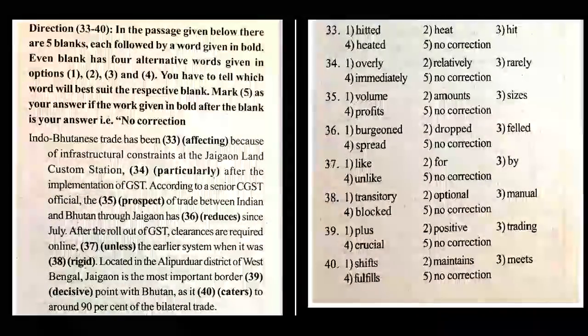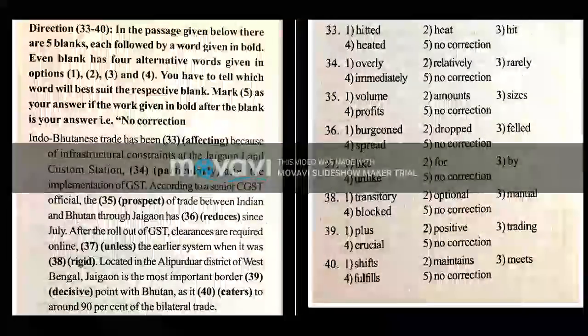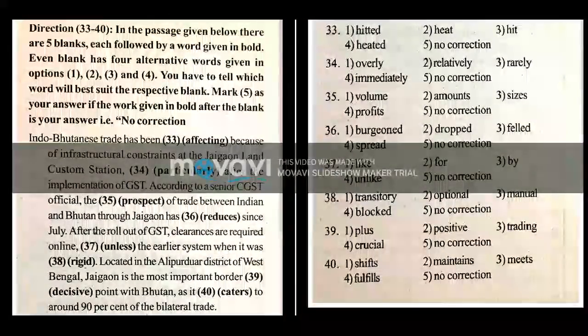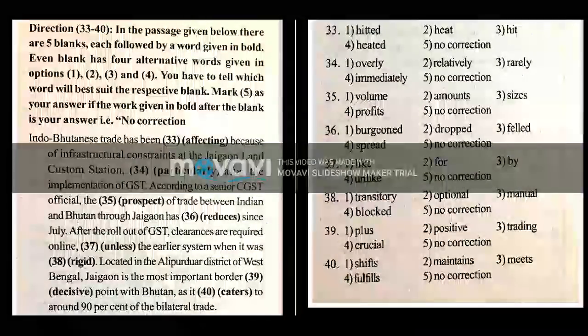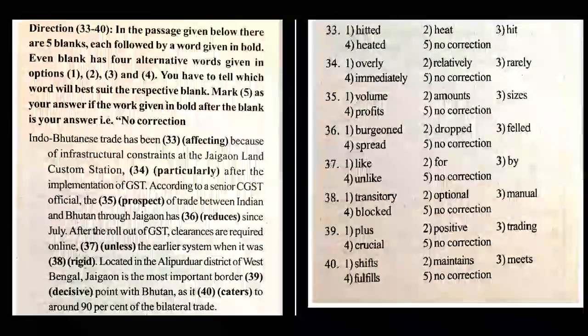And now option number 36, in the passage you can see the word reduces is there. Reduces will be eliminated because it is not in V3 form. Now you come to option number 36.